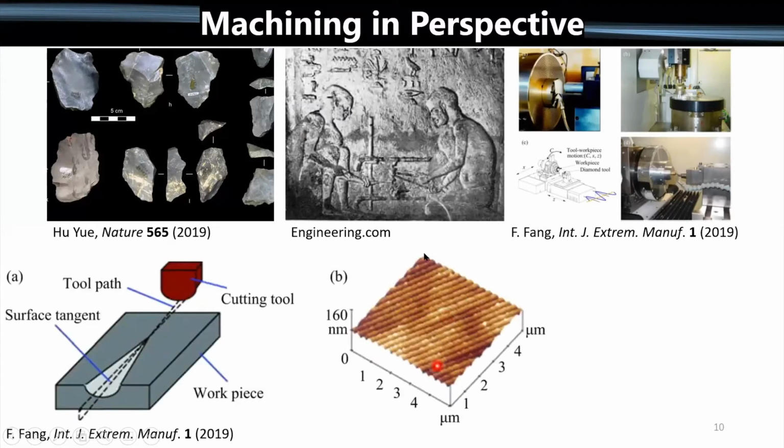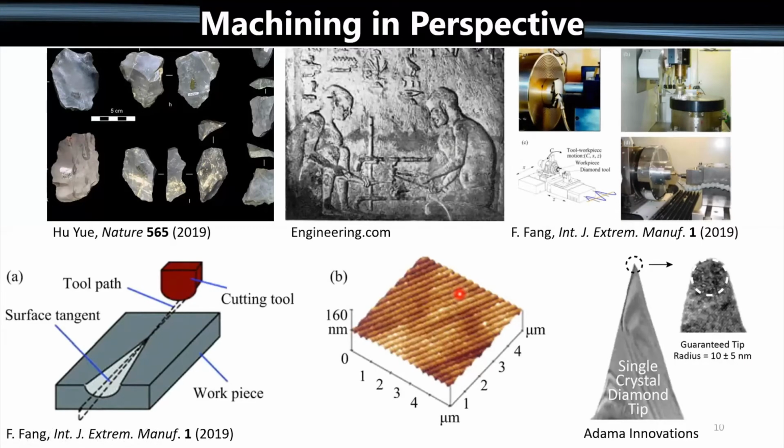And even AFM is used to look at the surfaces that are carved by these diamond cutting tools. And now single crystal diamond tips are commercially available. And so this work was partially motivated by, well, why don't we just do this with an AFM tip as well? We can precisely carve structures. We can also use the same tool for imaging the structures.